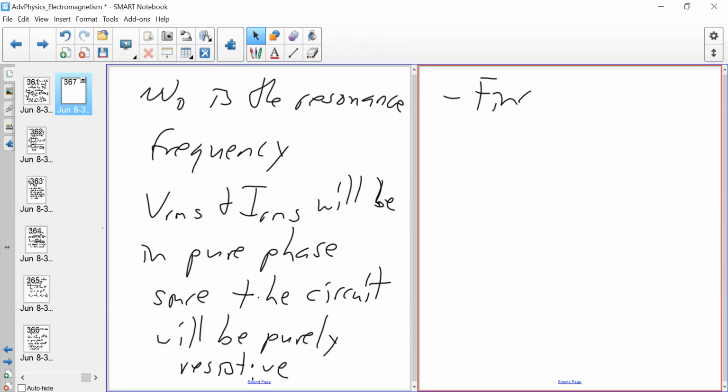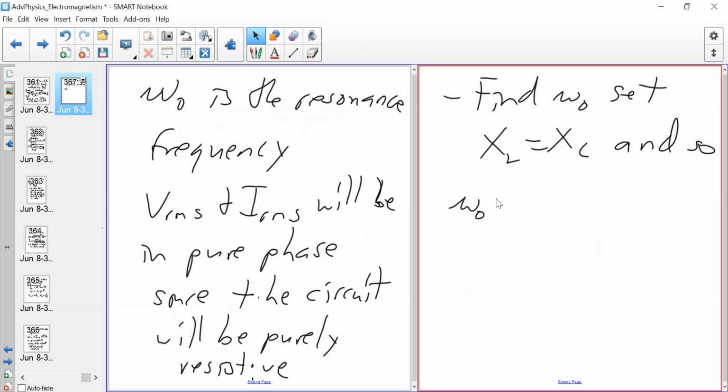So we can find that resonant frequency by setting XL to XC, and omega naught L equals 1 over omega naught C. Therefore, this will be omega naught squared equals 1 over LC.